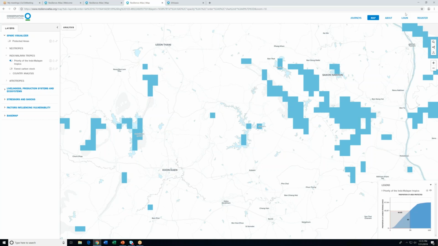But as you point out, that was a choice that we made for that static map. That's the benefit of having it interactive in the Visualizer, so you can see what it looks like if you only want to do the top 10%, or if you want to do up to 50%, based on the same information that goes into those static maps. Did that answer the question? Yes, thank you. Okay, great.